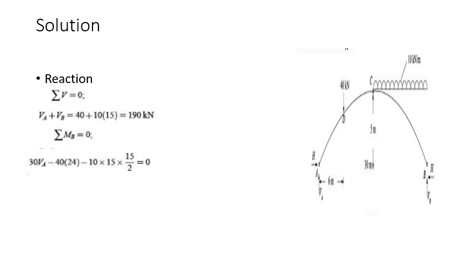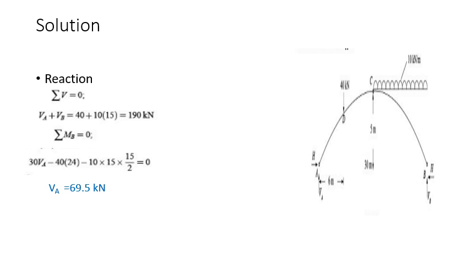Equate that to 0. Only unknown is VA. We can find VA. VA is 69.5 kilonewton.